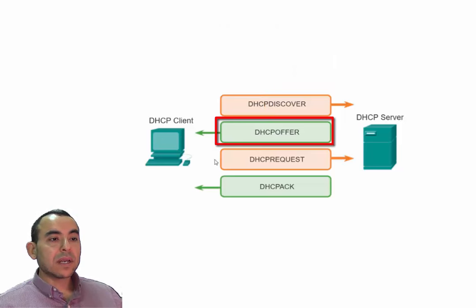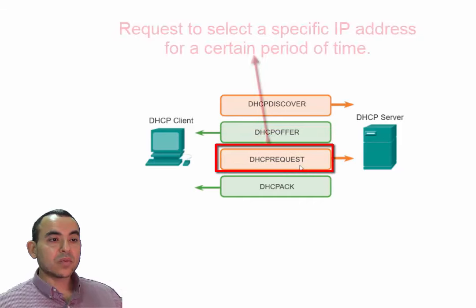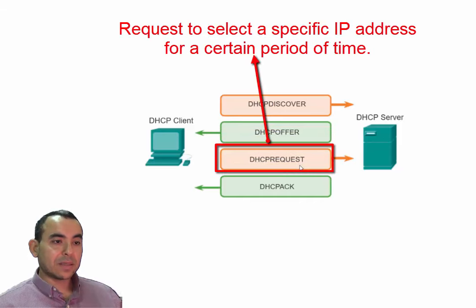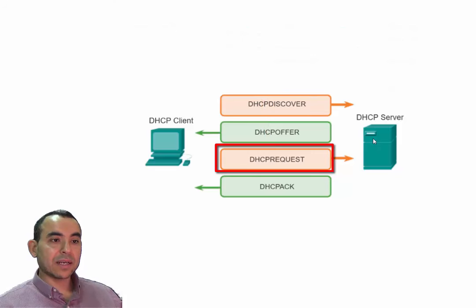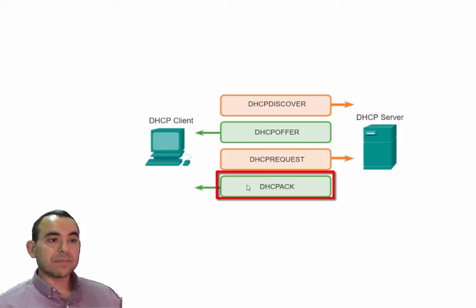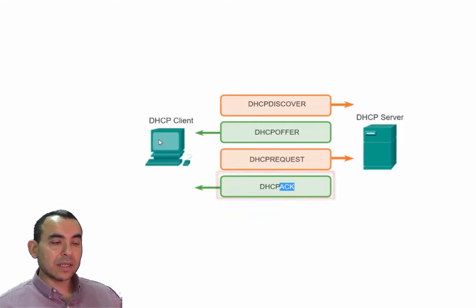Then the DHCP client will send a DHCP request which tries to select a specific IP address from the DHCP server, and it tries to request to lease or to get this IP address for a certain range of time. Then, if the DHCP server can grant this request, it sends a positive DHCP acknowledgement with a confirmation that this IP address is already assigned to this machine.